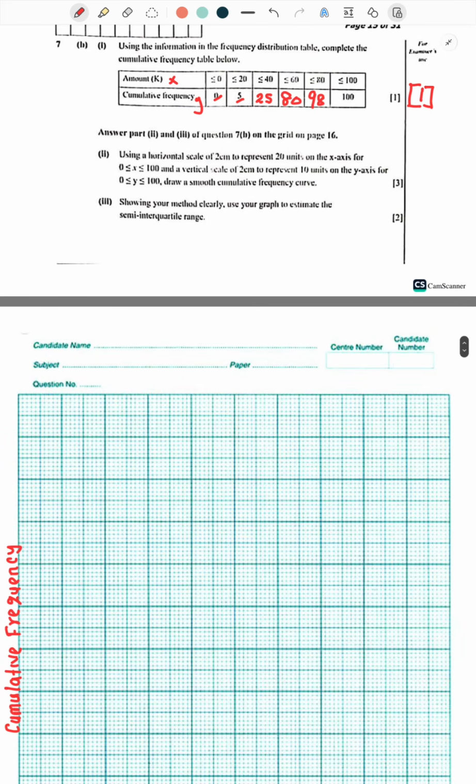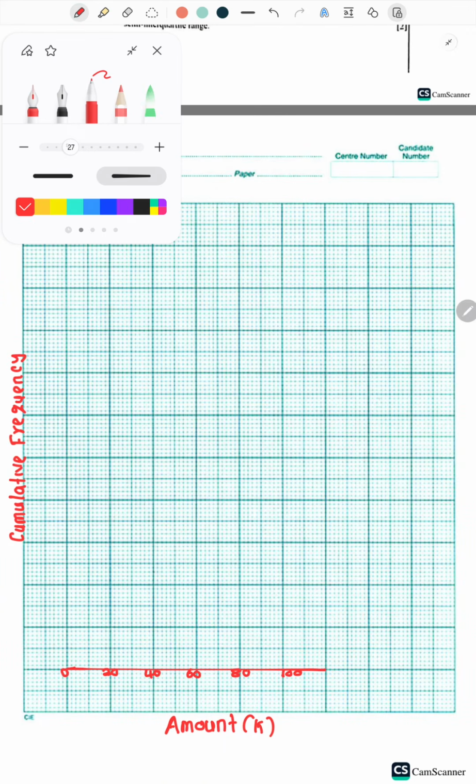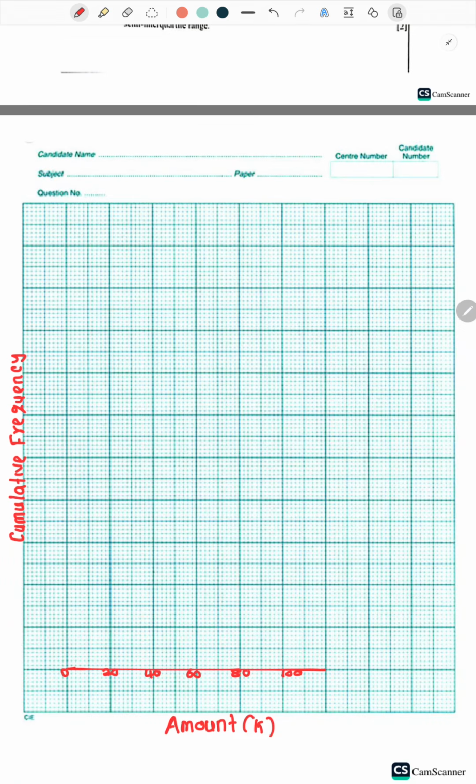Then in the y-axis, they are saying 2 centimeters to represent 10 units. So this is going to be my 0, then 10, 20, 30, 40, 50, 60, 70, 80, 90, then 100.